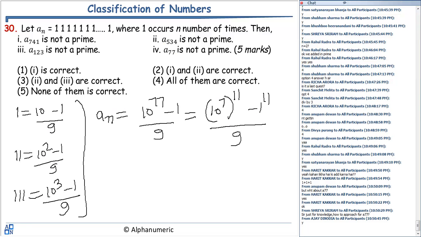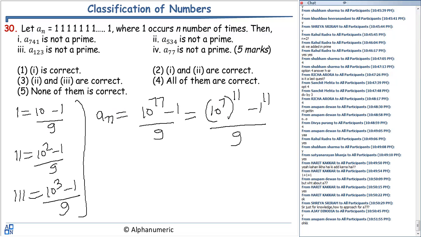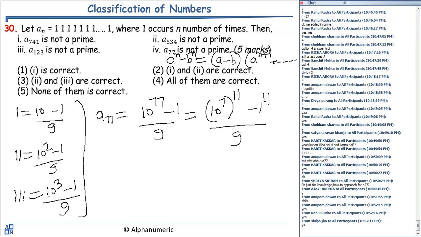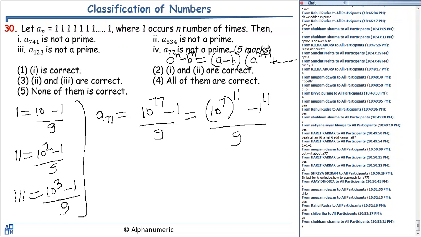I am sure most of you will know that a raised to power n minus b raised to power n is always equal to, as done in binomial theorem, (a minus b) into (a raised to power n minus 1 plus ... till b raised to power n minus 1). Factorization, right? Tell me yes or no. That's a formula. So on the basis of this, I can say this number is (10 raised to power 7 minus 1) into something.